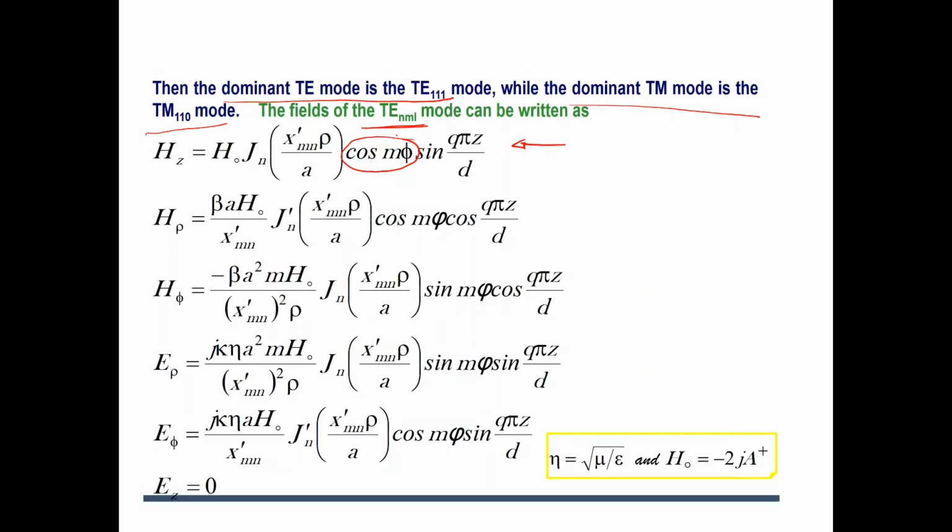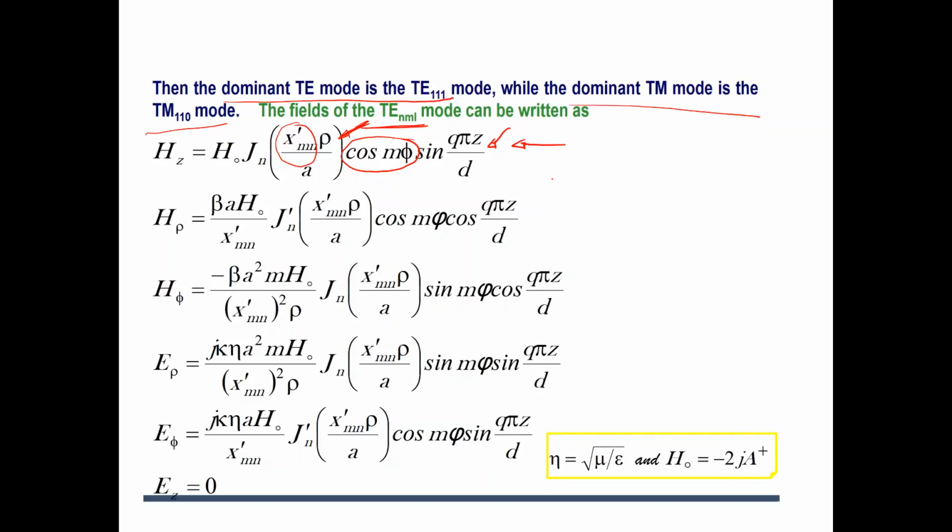And because Hz is perpendicular to my top and the bottom, Hz is going to have a sine variation, and in the radial component, it is now going to have a Bessel function variation. And since it's Hz, I know that the derivative has to go to 0, so I have to look for the derivative terms. What is the place? x prime nm is the place where the derivative J prime n goes to 0.